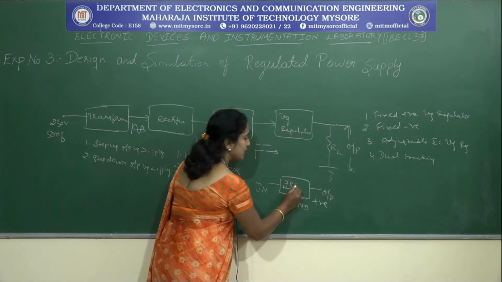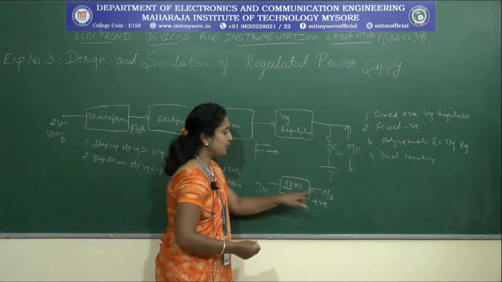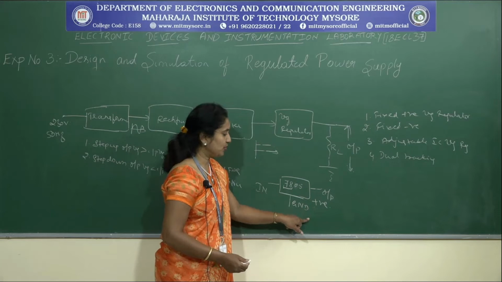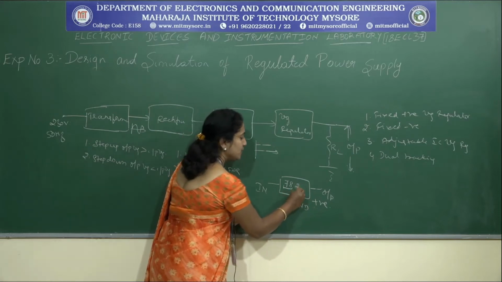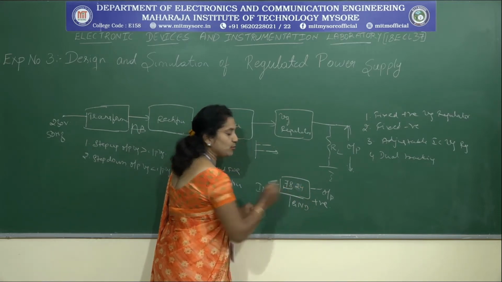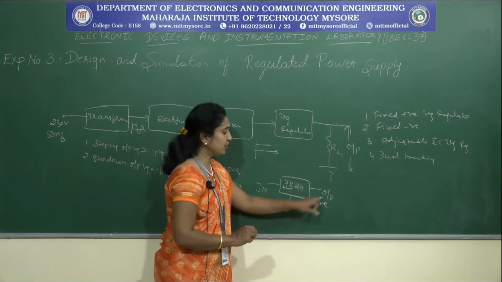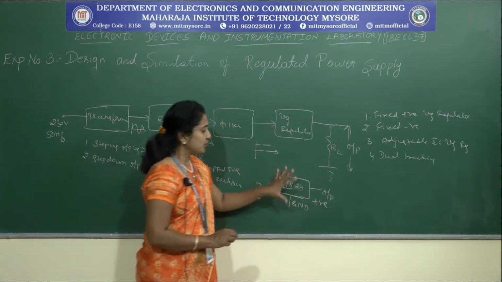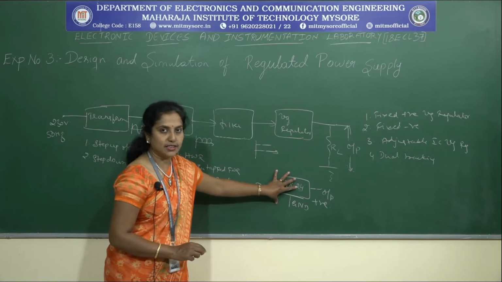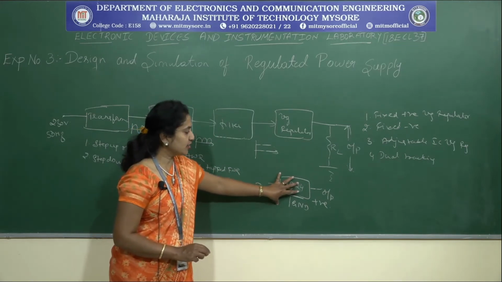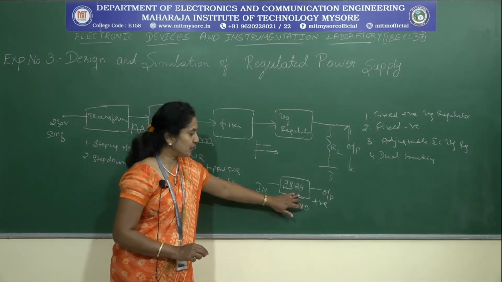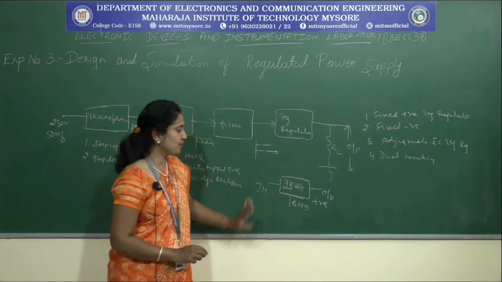If we write 05, you will get plus 5 volts. If you use 7824, you will get 24 volts supply here. So in the market, the 78 series is available from plus 5 volts to 24 volts.